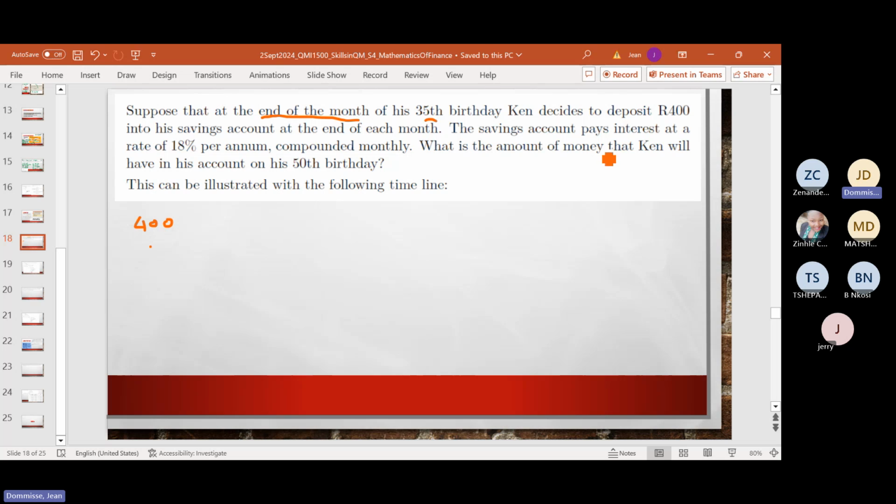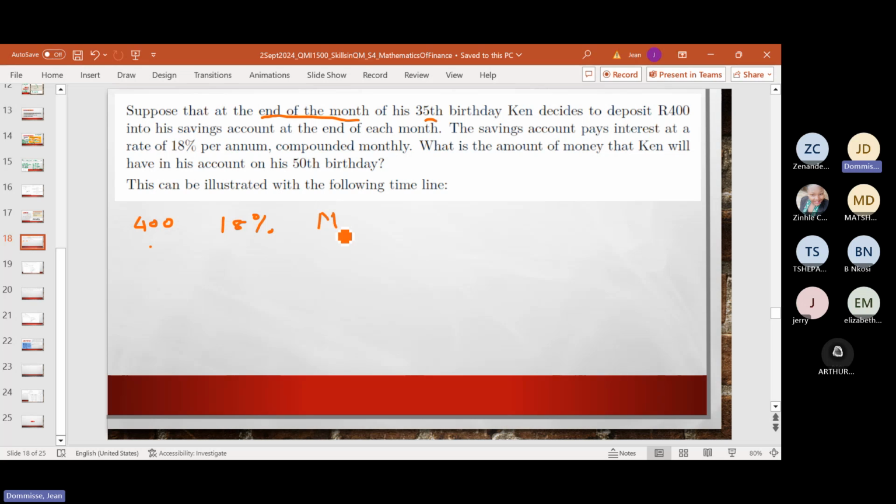The savings account pays interest at the rate of 18% compounded monthly. Okay, so that already tells us that it's not going to be yearly, there's going to be 12 times a year.